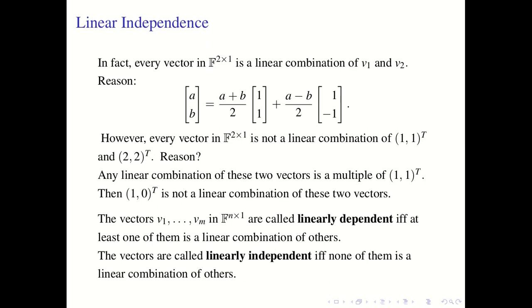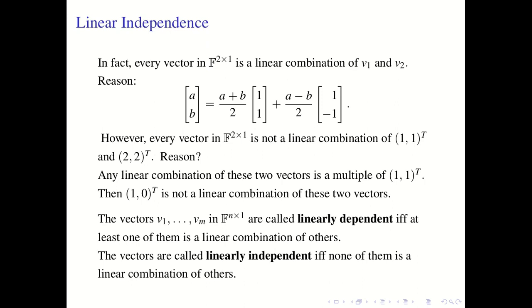But this is not true for arbitrary two vectors. For example, if you take the vectors 1 1 and 2 2, you cannot write all vectors in F2 as a linear combination of these two vectors. For example, 1 0.